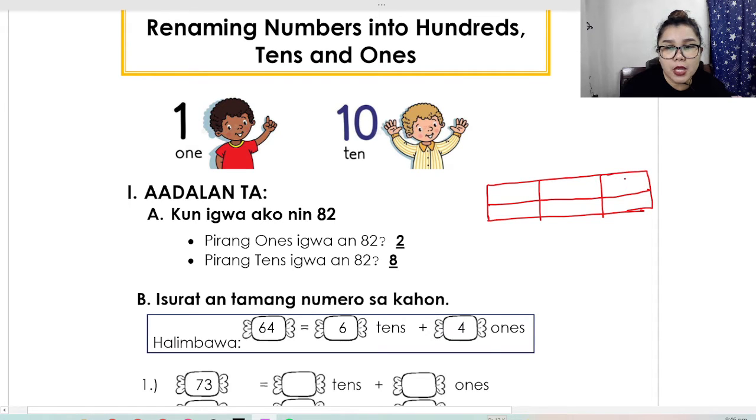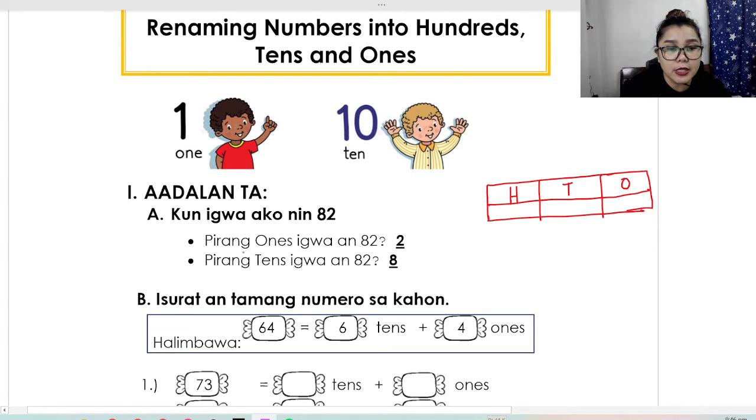Namely, we have the ones, the rightmost, next is the tens and the hundreds. Do not forget the order of this. It starts from your right: ones, tens, hundreds. And as the digits become more, more place values are needed.